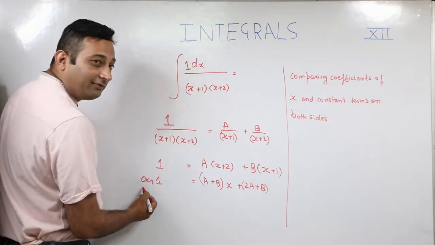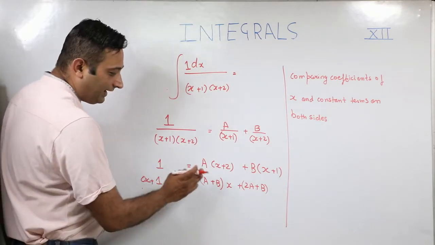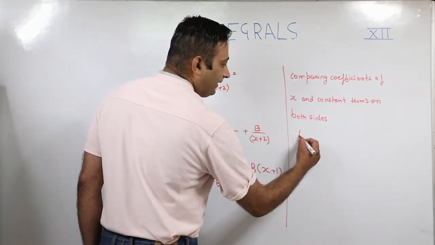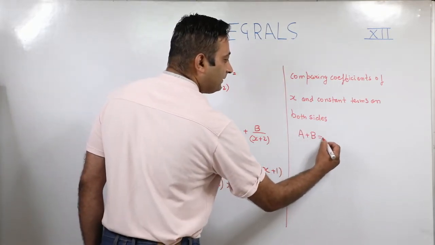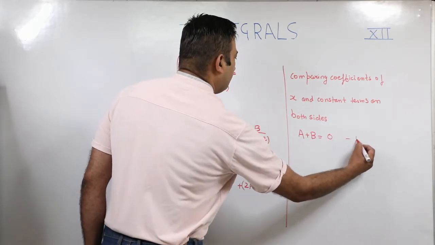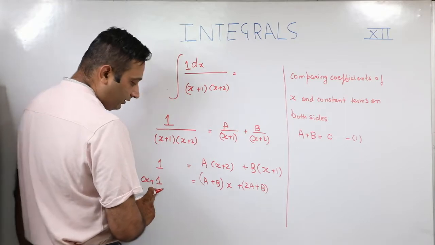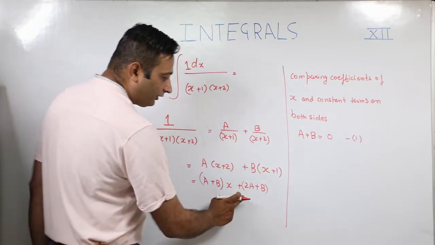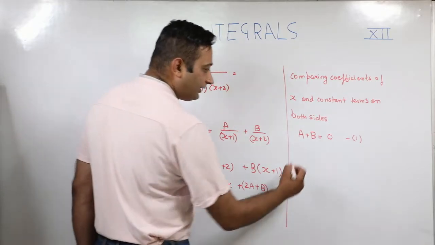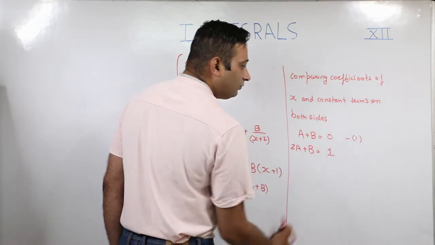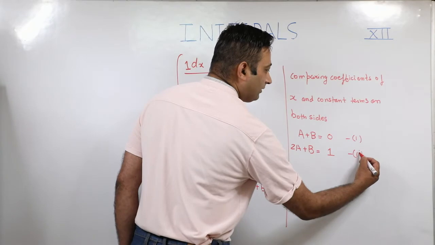On the left hand side we have 0 as the coefficient of x, and on the right hand side we have A plus B as the coefficient of x. So by comparing we can see that A plus B is equal to 0. We'll make this equation number 1. Now on the left hand side we have 1 and on the right hand side we have 2A plus B as a constant. Now we will again compare this and 2A plus B will be equal to 1. We'll give this equation number 2.